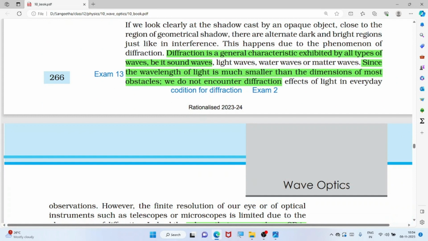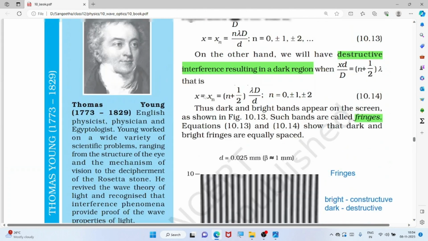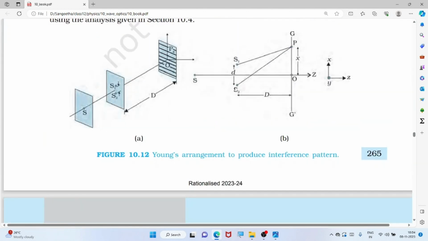Diffraction. The condition for diffraction is that the wavelength of the light should be comparable with the slit width, meaning the width of the hole the light is passing through.